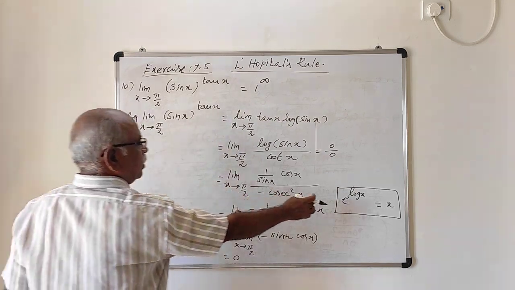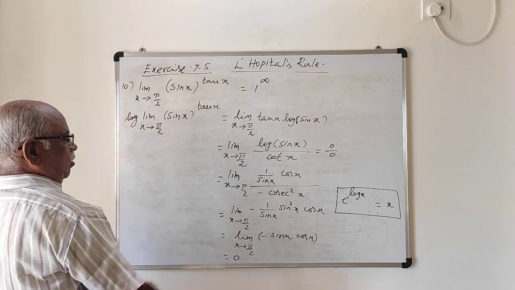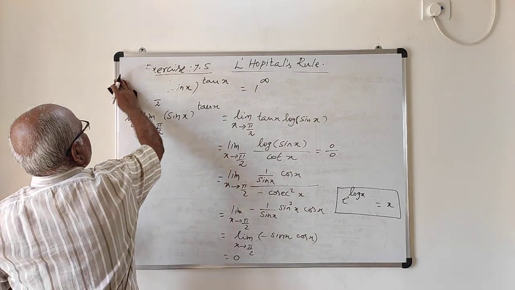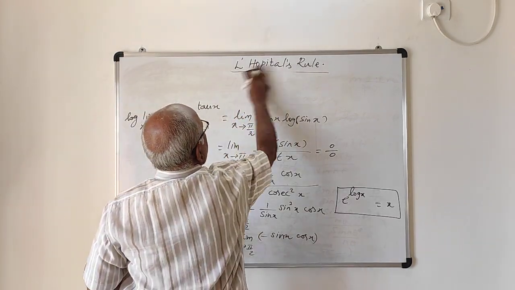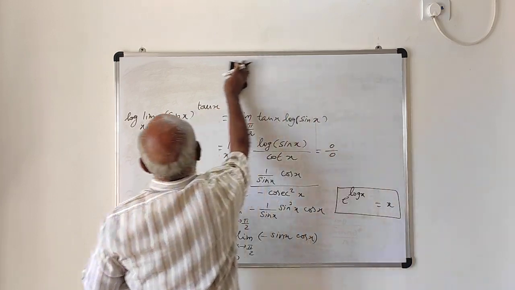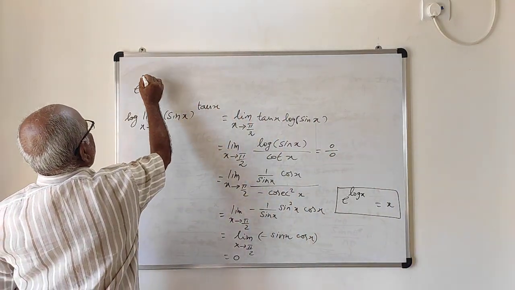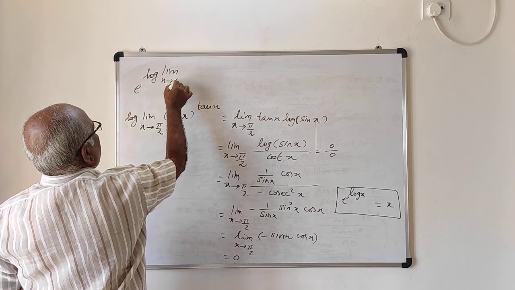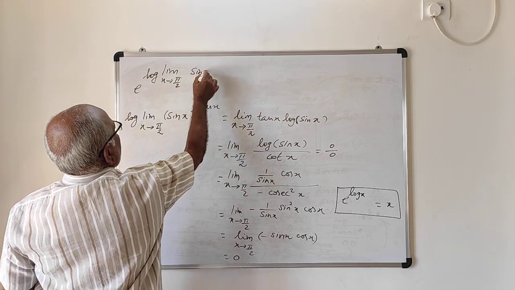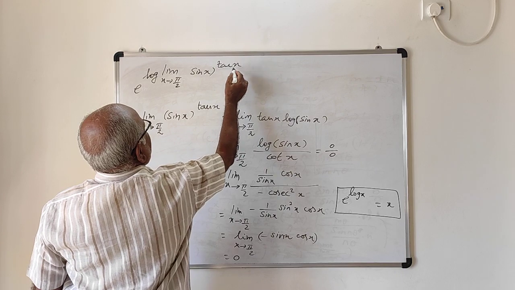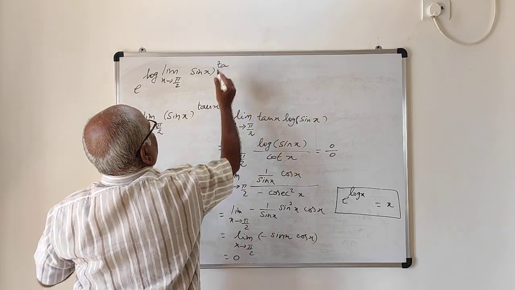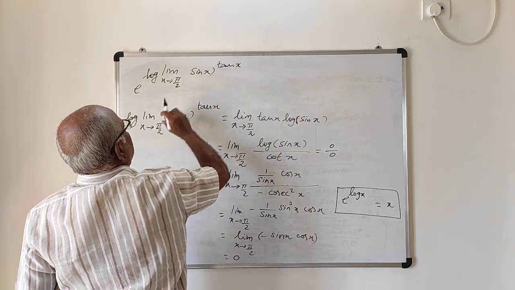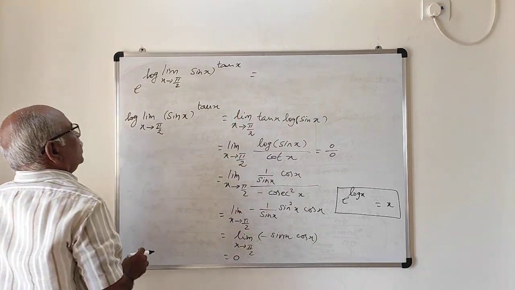Now taking e power log on both sides, exponential and logarithm, applying this step, you will get e power log of the limit x tends to pi by 2 of sin x power tan x is equal to e power 0.